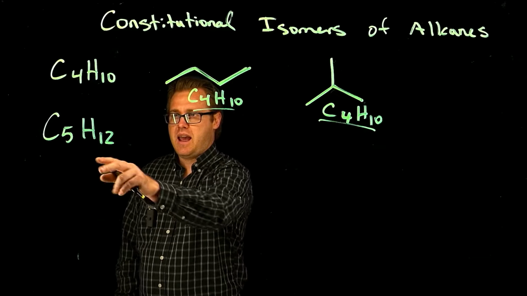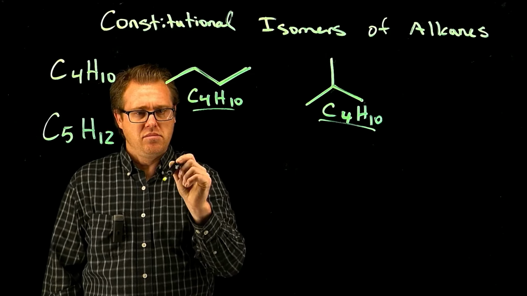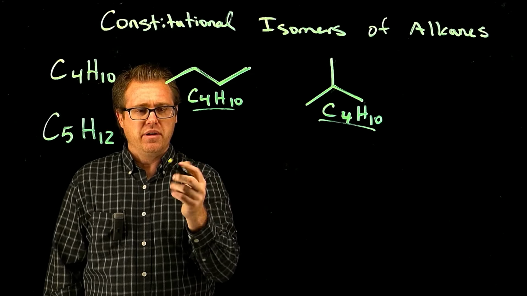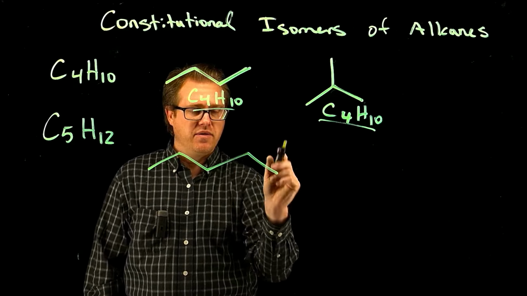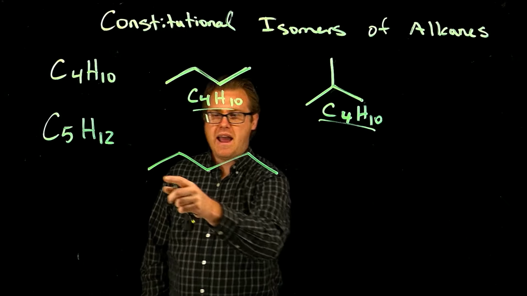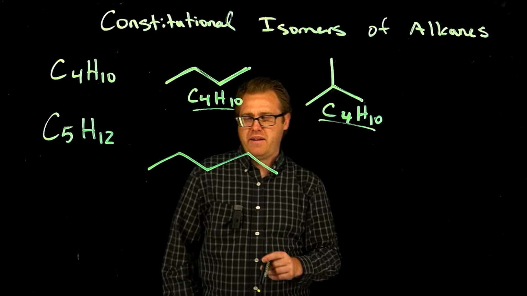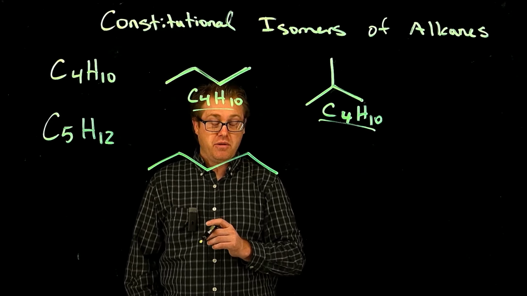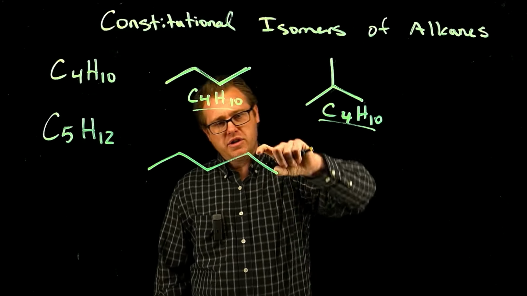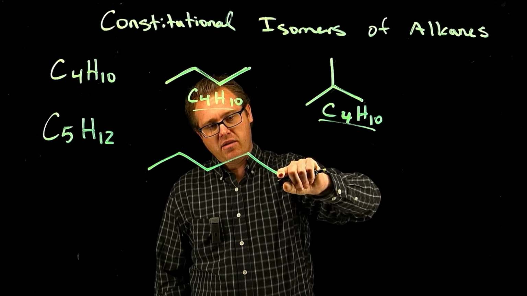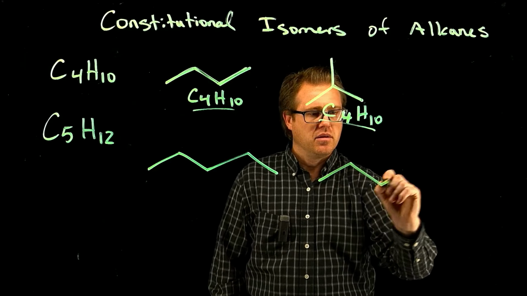So if we take a pentane, what could be one of the structures? Well, just draw a zigzag. 1, 2, 3, 4, 5. There's 5 carbons, and there are 12 hydrogens. But could we figure out a constitutional isomer for this? Well, what if I just took this carbon right here, chopped it off, and put it over here, like this?